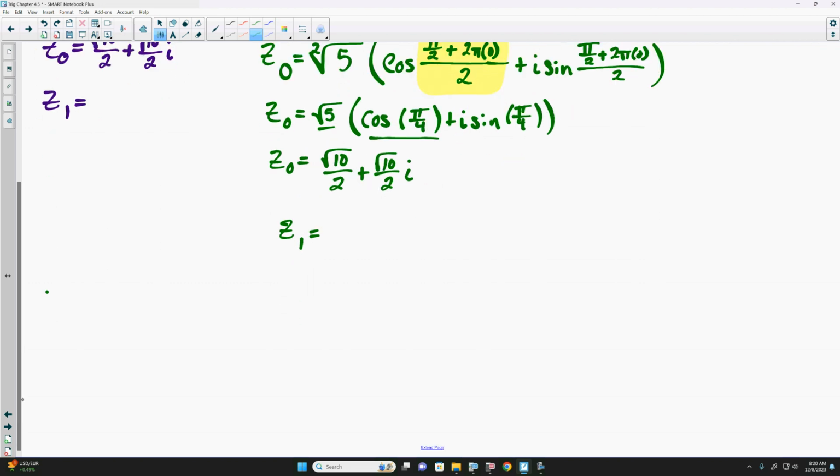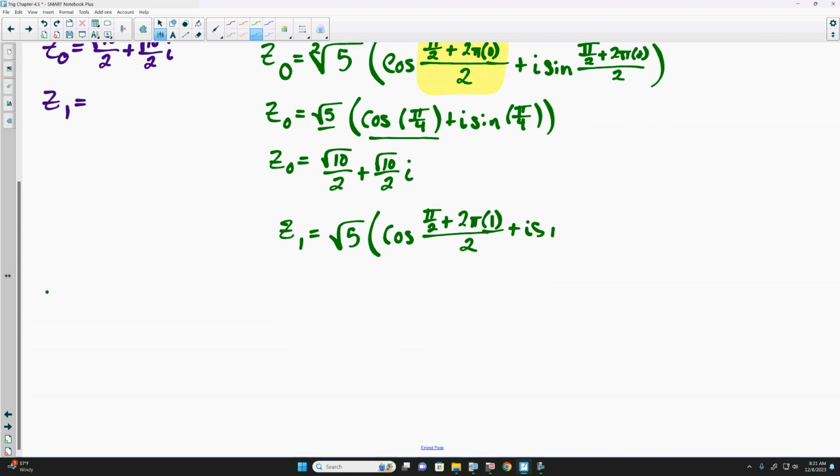We finished with z sub 0. Now we're going to go to z sub 1. So all that's changed is, well, square root of 5 is still the same. Parentheses, cosine of pi over 2 plus 2 pi times, well, our k value is now 1 instead of 0. We changed it from 0 to 1.